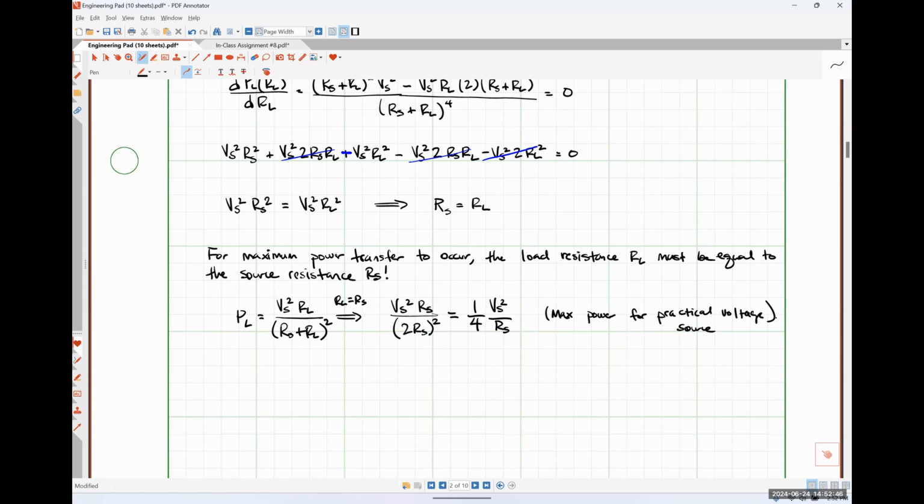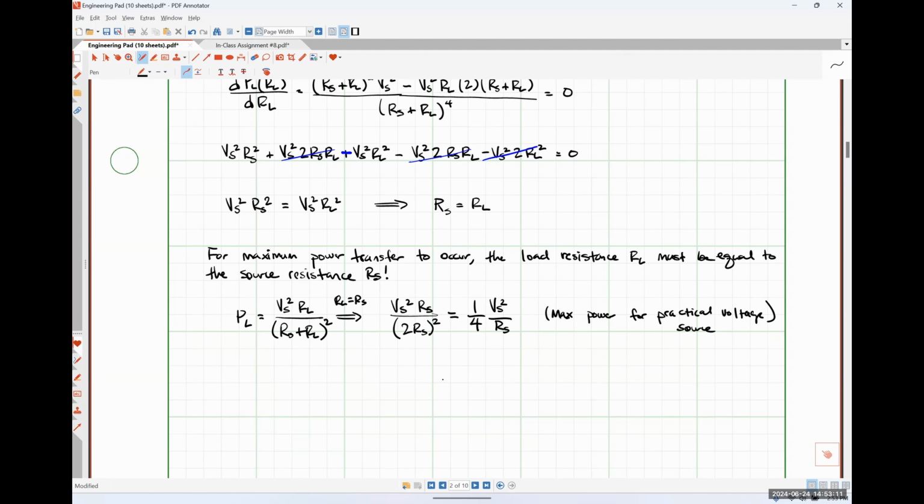Now, instead of re-deriving all of this, I feel pretty strongly that we can use our relationship for electrical equivalence between practical voltage sources and practical current sources to figure out what the maximum power equation is going to look like when we have a practical current source, right?